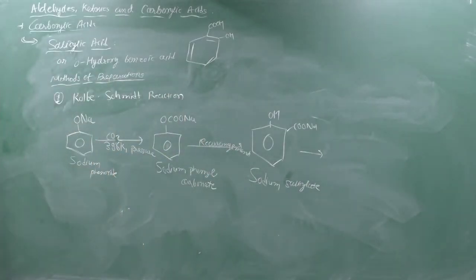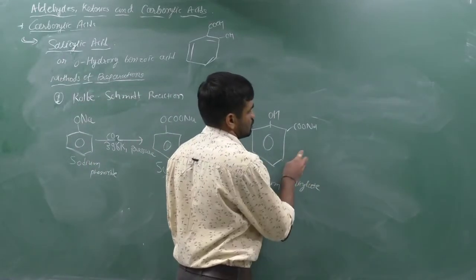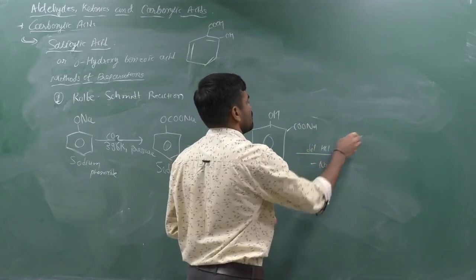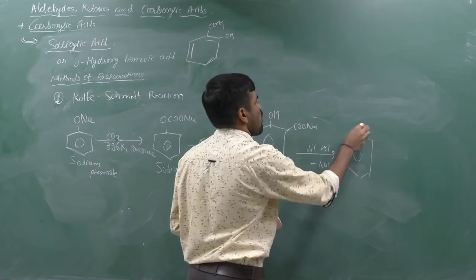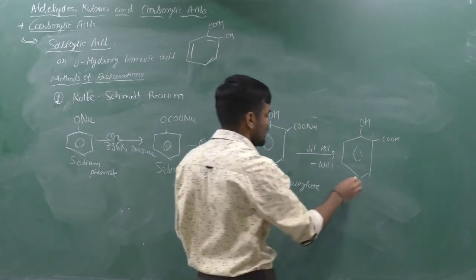Now we can treat it with dilute HCl to give salicylic acid. Very simple. Minus NaCl and we can obtain salicylic acid. Both are the same, salicylic acid.